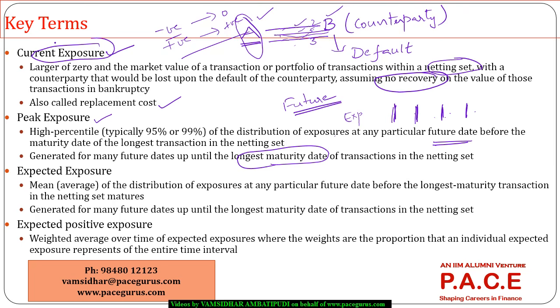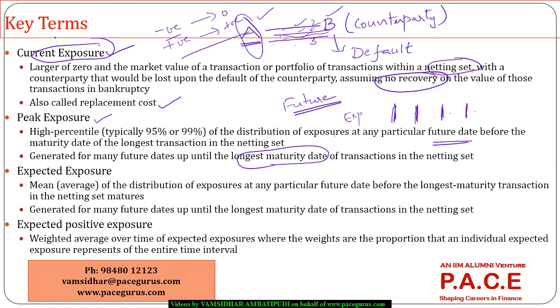And accordingly, I will find out what is the 95% value or a 99% value. I want to be 99% confident that on that date in future, the exposure will not be greater than this particular amount by more than 1%. There is only 1% chance.